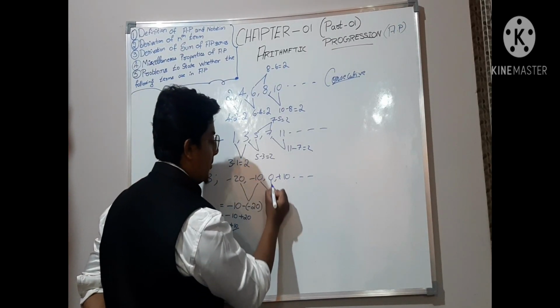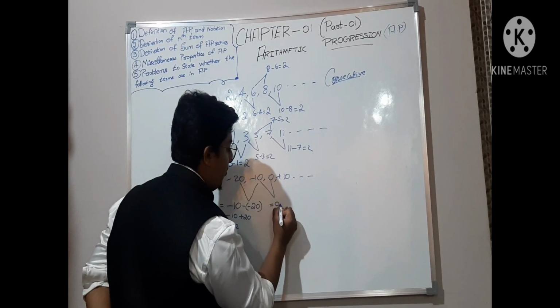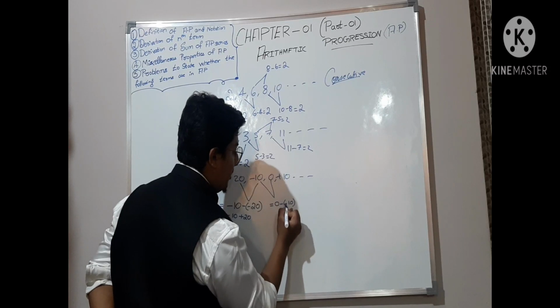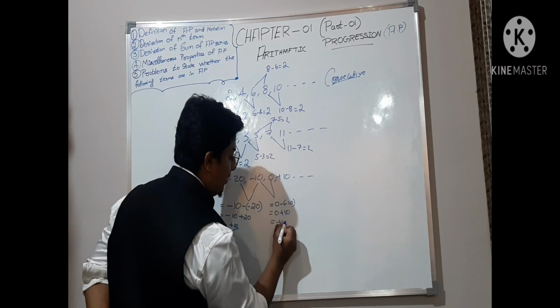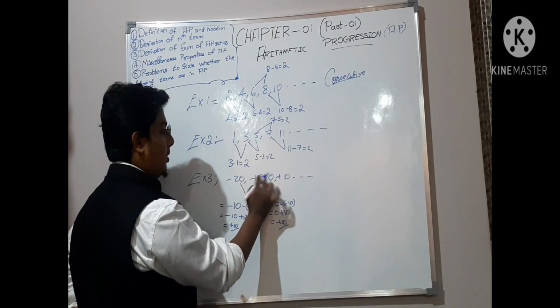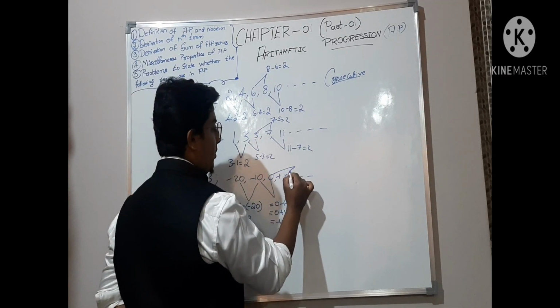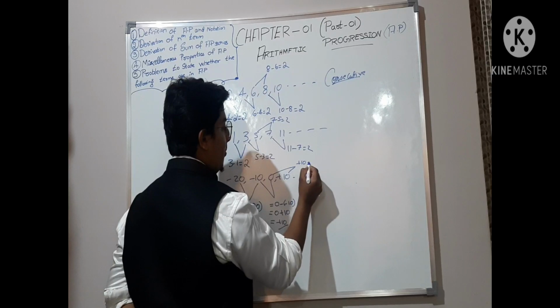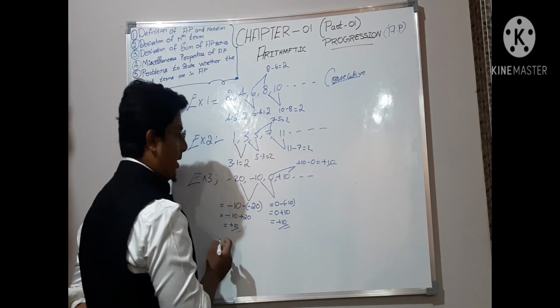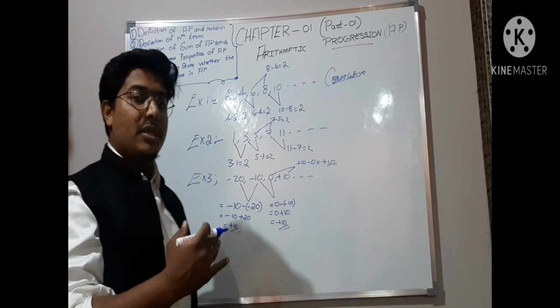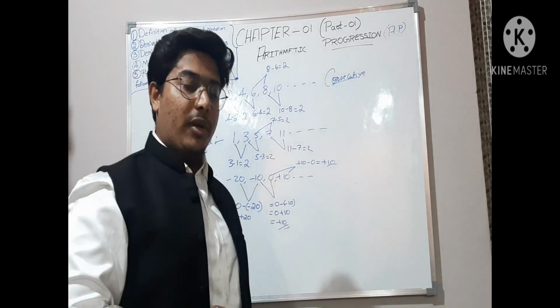Consider these two consecutive terms: 0 minus of minus 10, we get 0 plus 10. Plus 10 is the difference between these two consecutive terms. Between these next two consecutive terms, plus 10 minus 0 is equal to plus 10. Since the difference d remains constant throughout the series, this series is also an example of an arithmetic progression series.